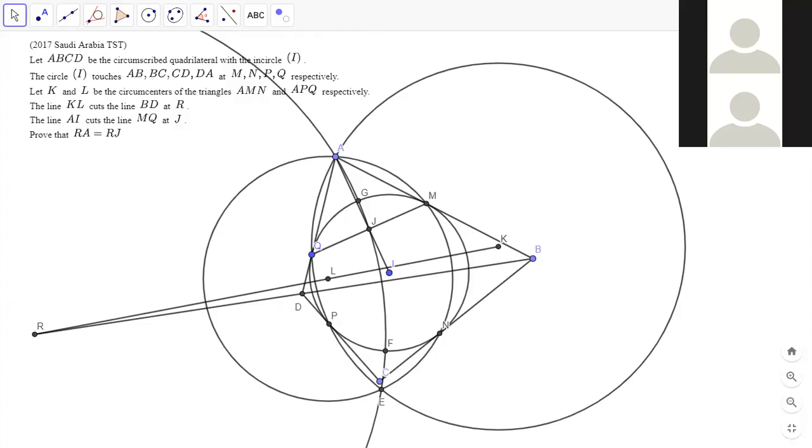I did that by poles and polars. Interesting. But I wonder if it's because you have the incircle, then you have this circle, it's PQ. Okay, so yeah, use poles and polars to do it.